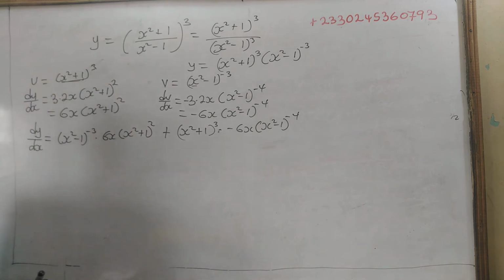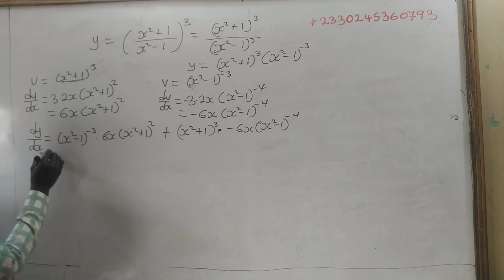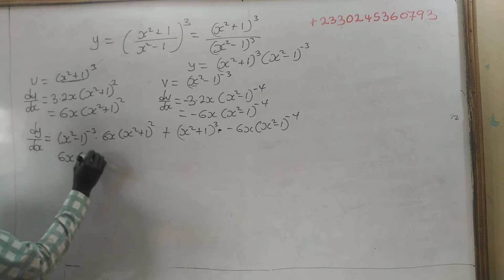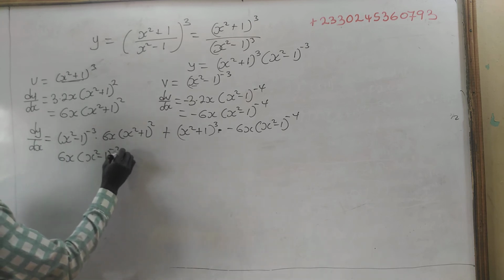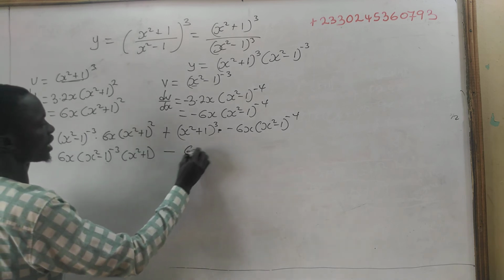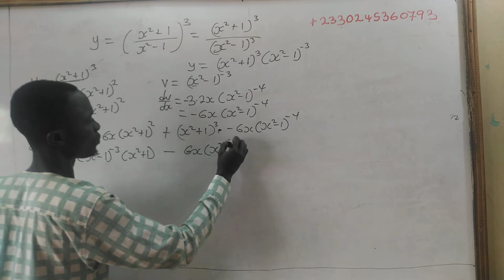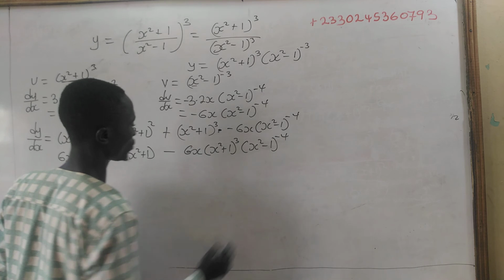So what do we do? This one is the same as 6x into bracket x squared minus 1 to the power minus 3 times x squared plus 1, minus 6x times x squared plus 1 to the power positive 3 times x squared minus 1 to the power negative 4.